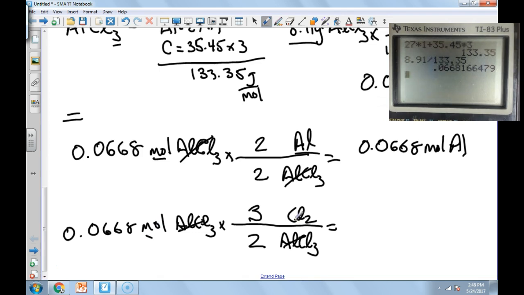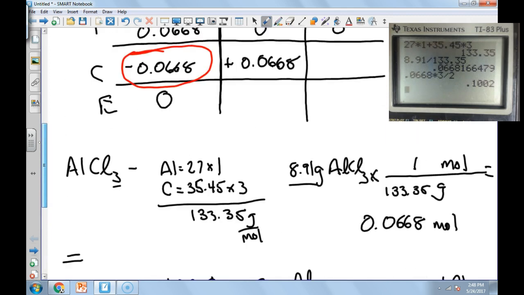So that's pretty cool. Okay, so now we go 0.0668 times 3 divided by 2. Order of operations matters, but multiplication and division have the same order. So this is going to be 0.100 moles of Cl2. I do that because we want to carry on significant figures.